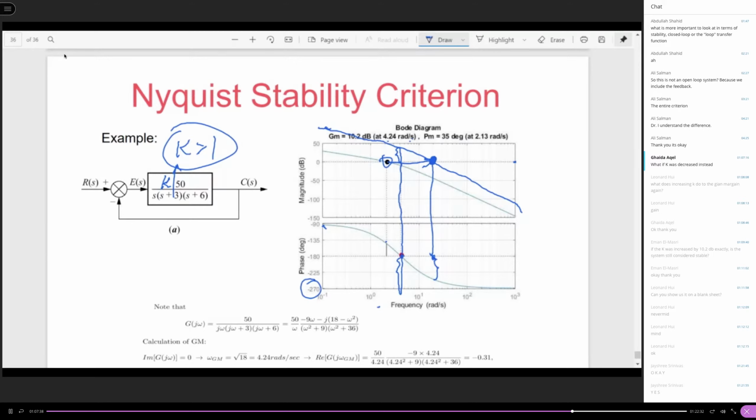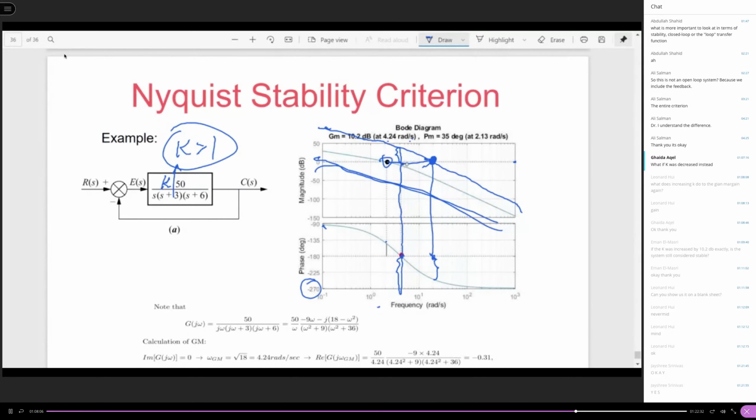If the K is decreased, then the system becomes more stable, right? You can analyze that accordingly. You bring the magnitude down, so the system becomes more stable because you increase the margin. If you bring the magnitude down, the phase plot still does not change.